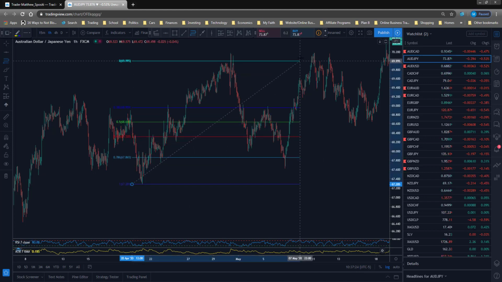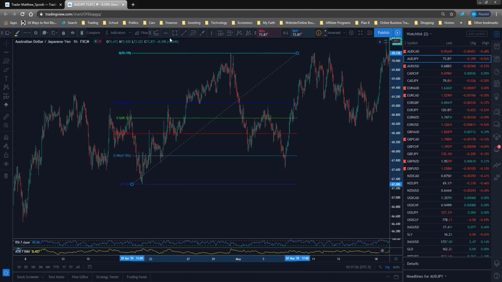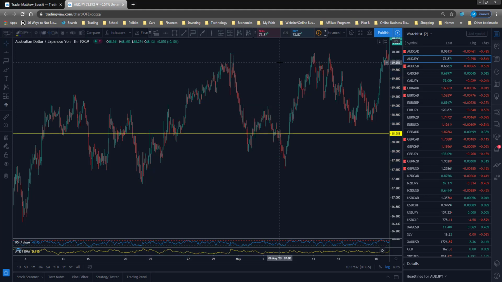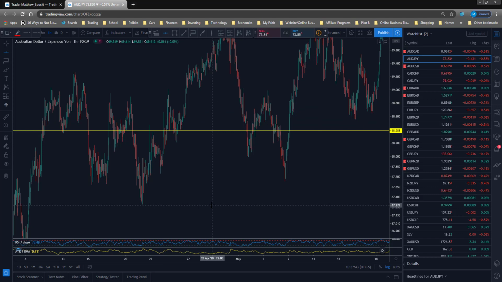Let's see here. All right, so we have our entry level here. And then where's our stop loss? We're going to do the math real quick. 67.19.3, that's what we're looking for. 19.2, close enough.